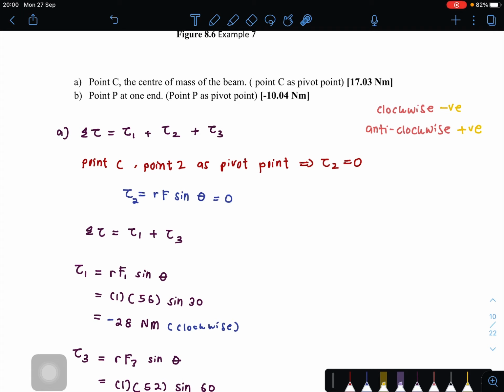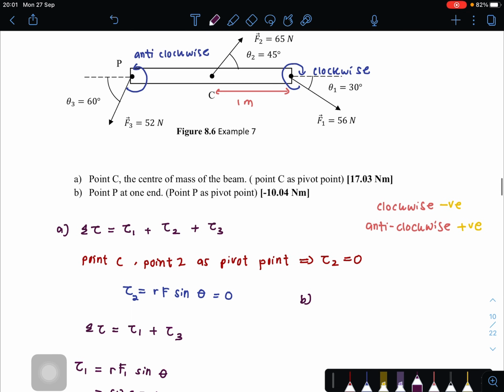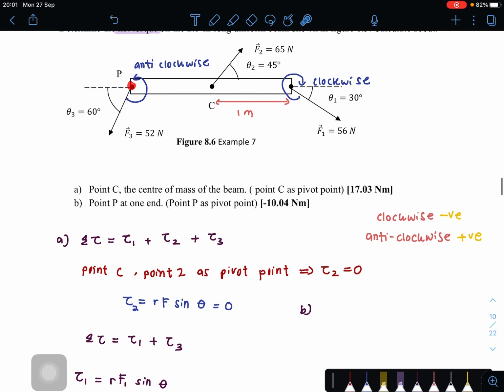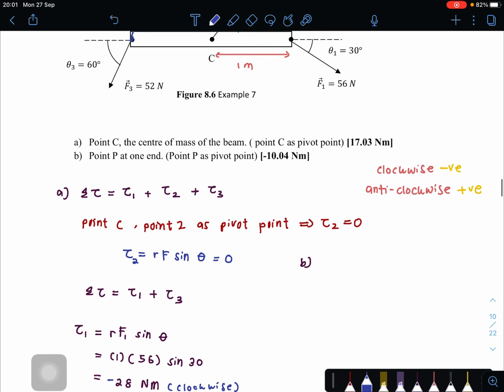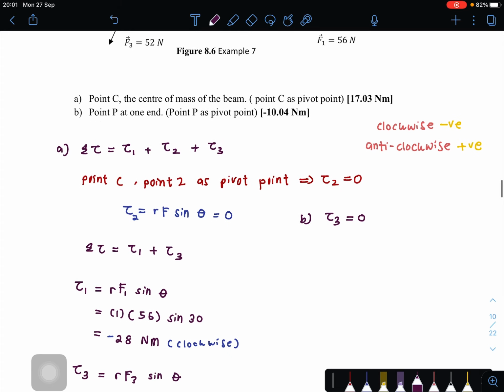Now our pivot point is at P. So question B, pivot point at P, which is here. Now let me erase this one. Okay, pivot point at P. So meaning that here, torque 3 is equal to zero.